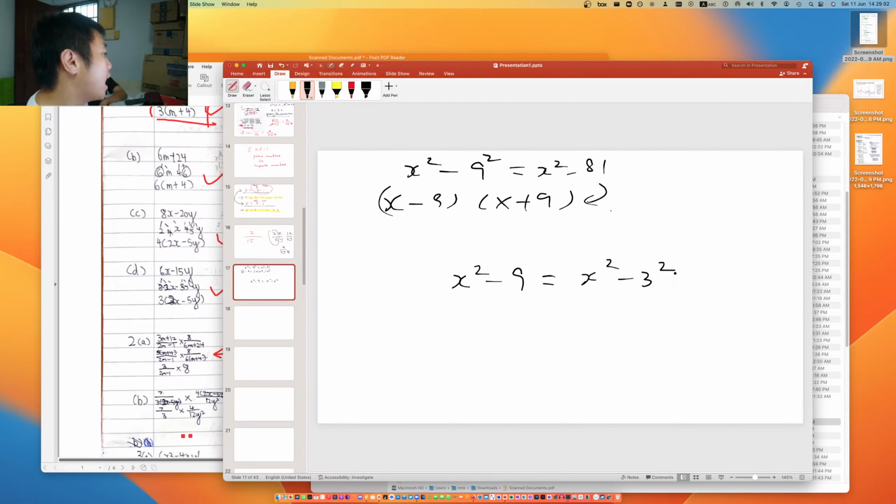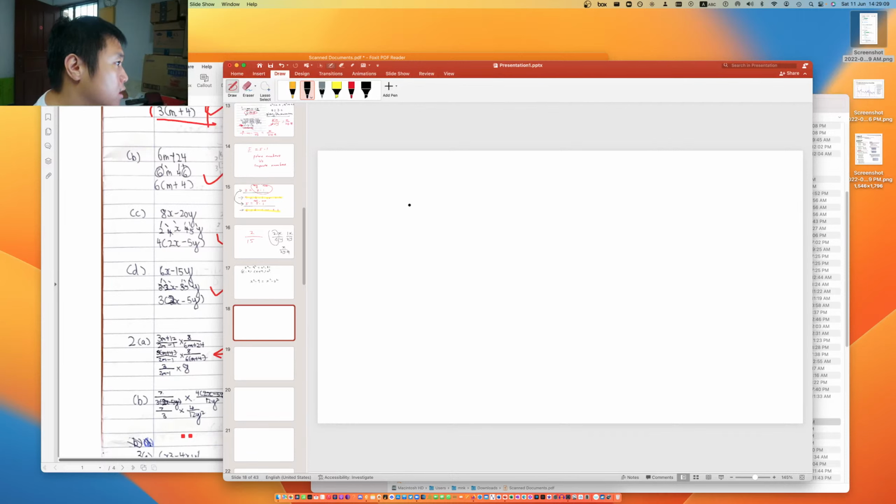Therefore, I want you to memorize this list of the first few numbers square. 1 square is? 2 square is? You just split the 2 square first. 2 square is 2 times 2, which is... Why don't you use your brain?